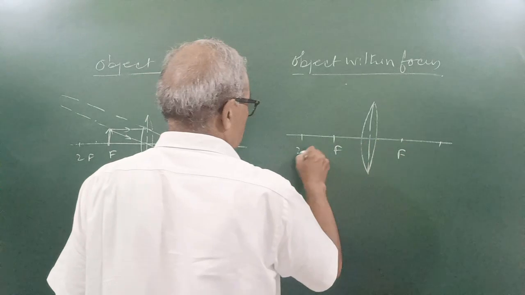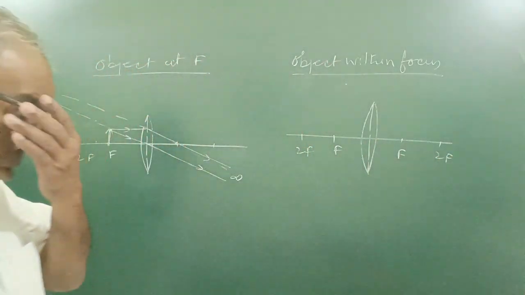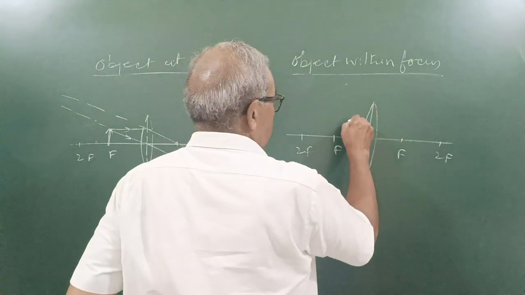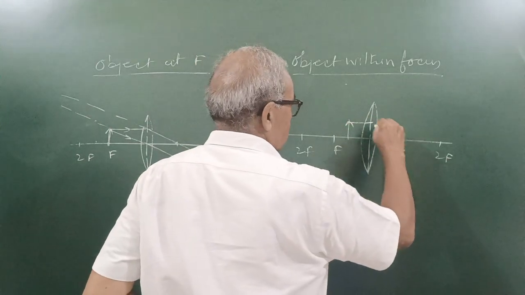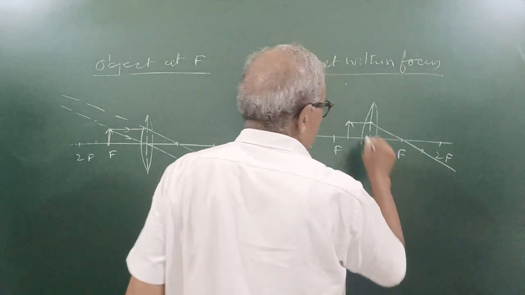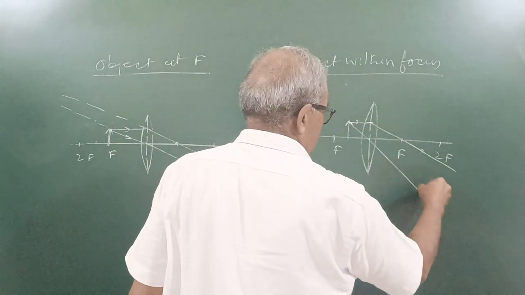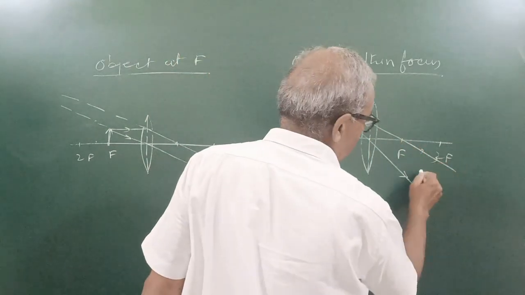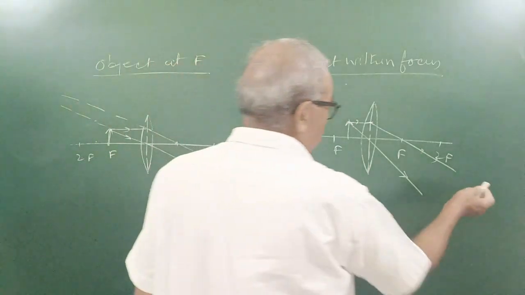F, 2F. Here the object ray parallel to the principal axis passes through focus, and another through the optical center. Now on this side they will not come to each other, meaning they will not cross each other.